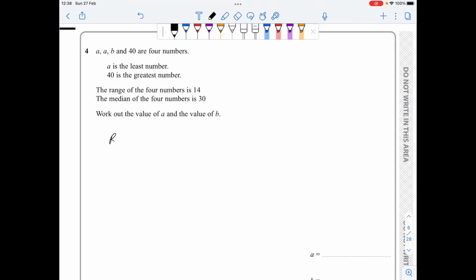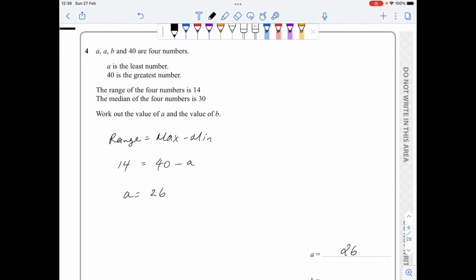For question 4, the range is equal to the maximum minus the minimum, which is 40 minus A, and this is equal to 14, which means A is equal to 26.